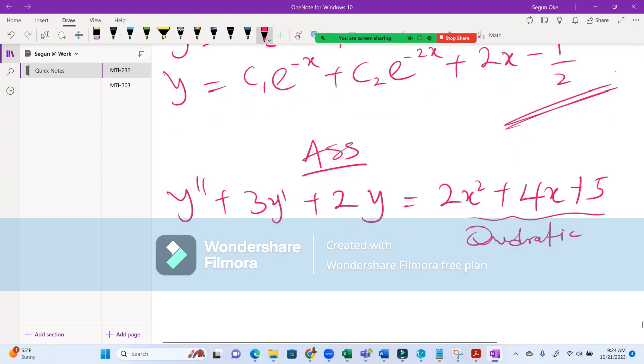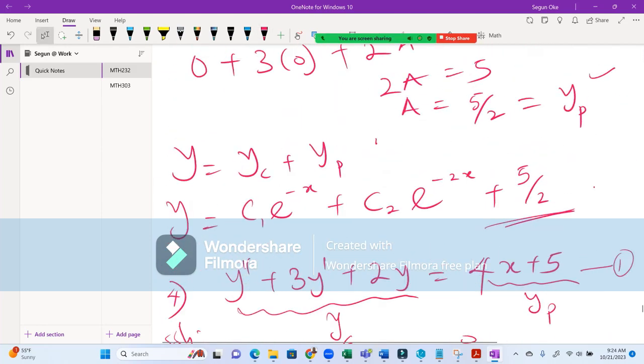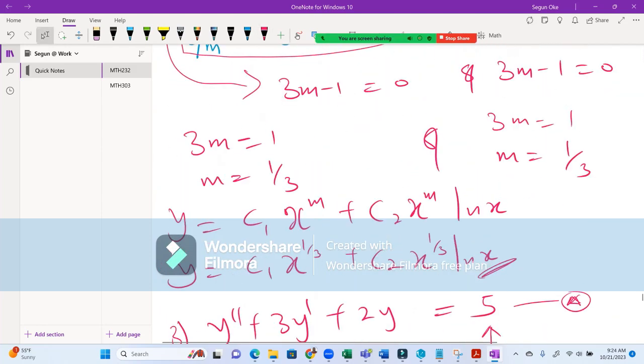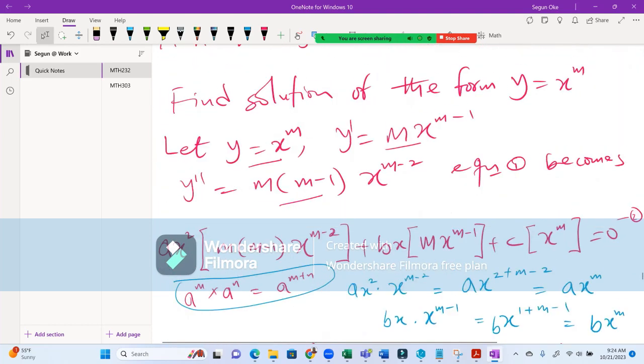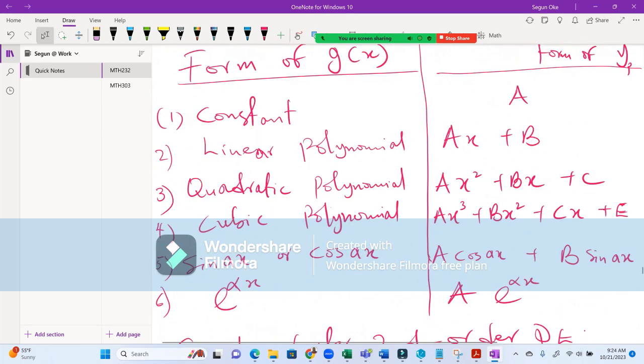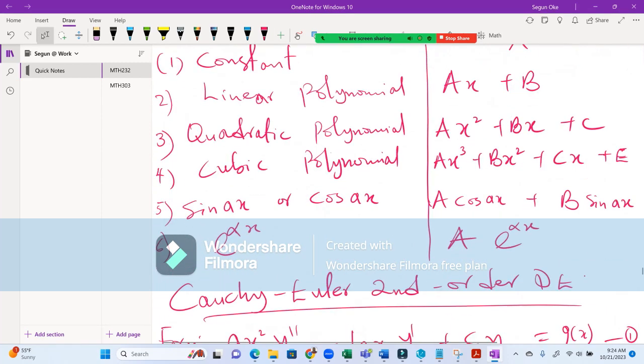Then go to the table. What is the quadratic nature of yp? Once you know it, you solve the problem. Look at it: ax squared plus bx plus c. You will solve it.